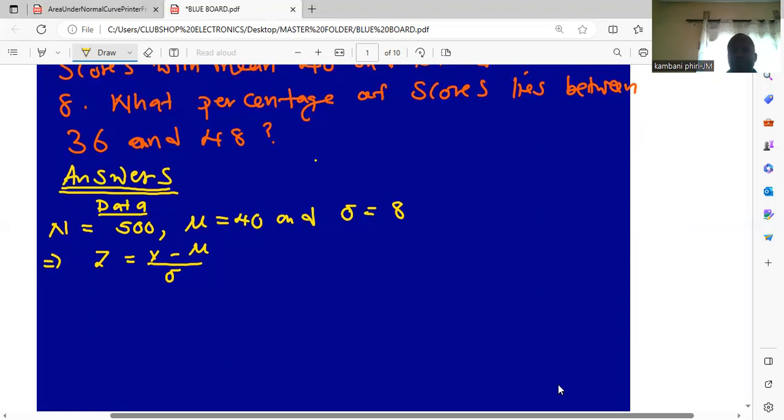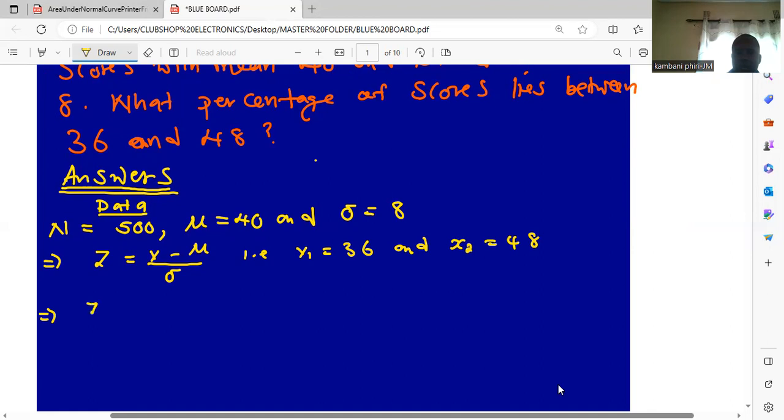Now, since we have got two values, that is x1 is 36 and x2 is 48, meaning that we can come up with the two values of z.